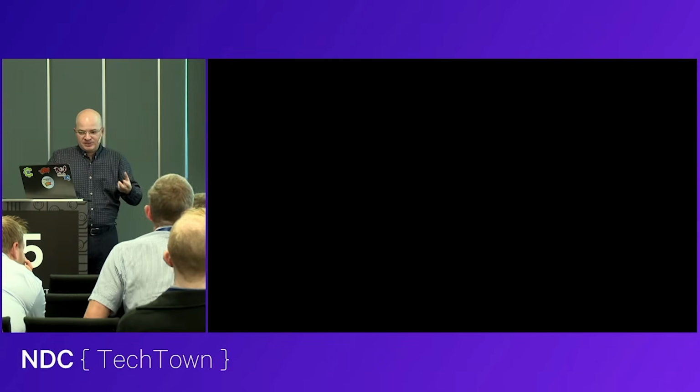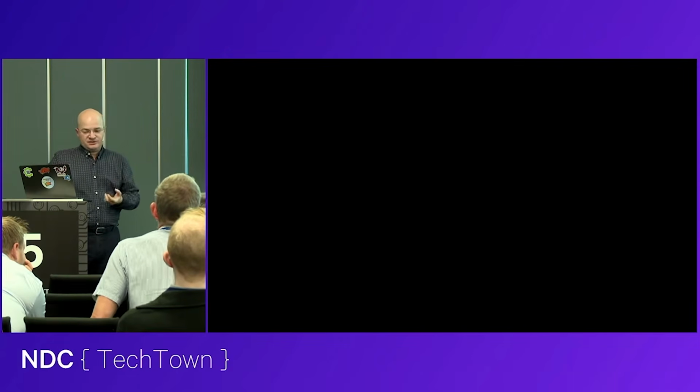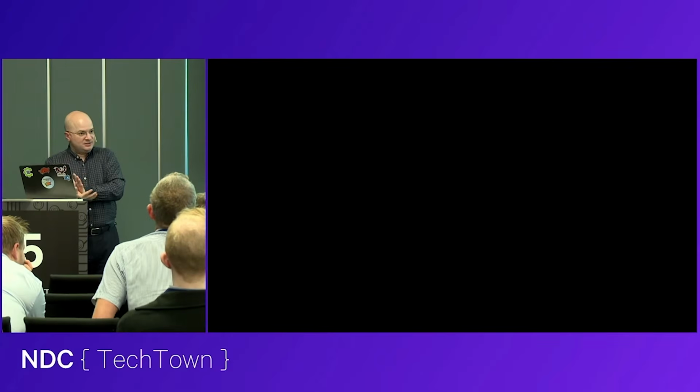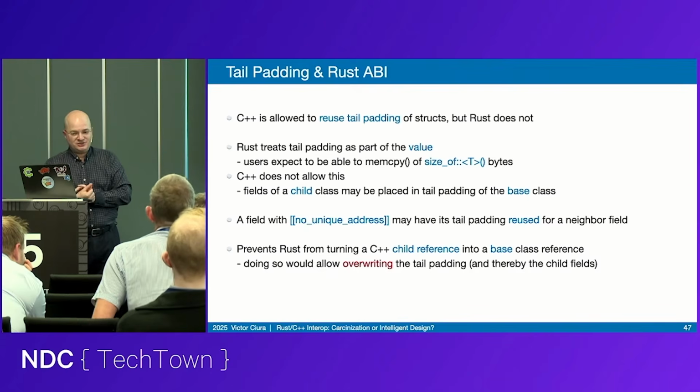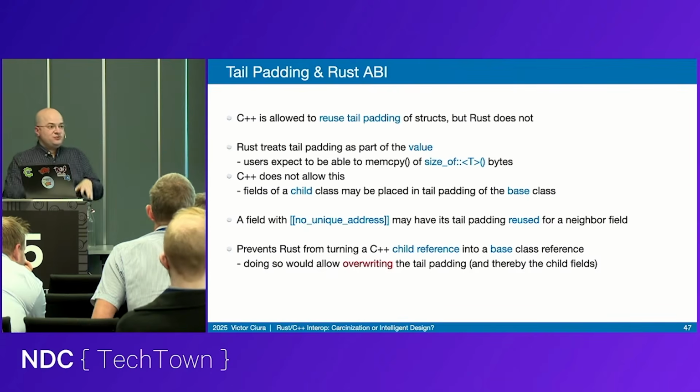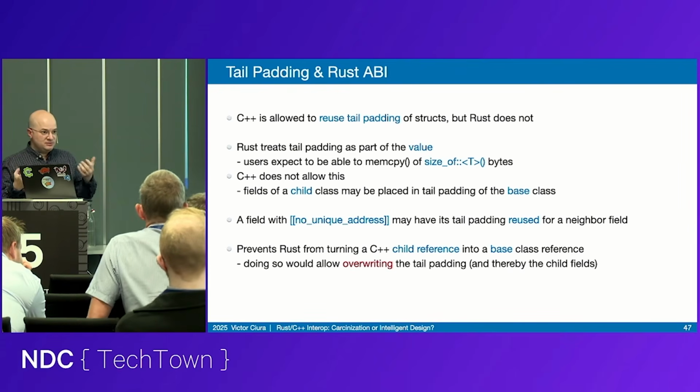So this prevents a Rust program from turning a C++ child reference into a base class reference. Because if you would do that, you would just override the tail padding of the child. So that would just be a recipe for disaster. And if your types are just plain structs, it might just work and you don't even notice, right? But in the most general case, doing so is undefined behavior.